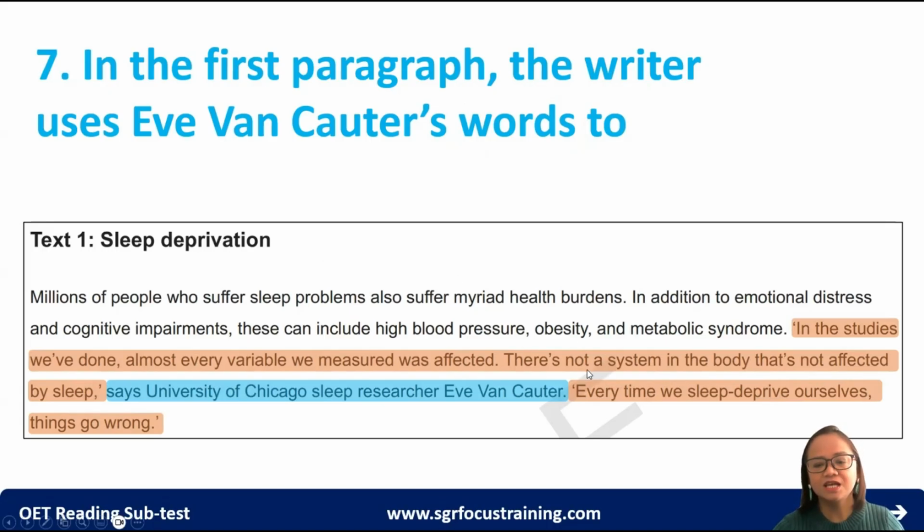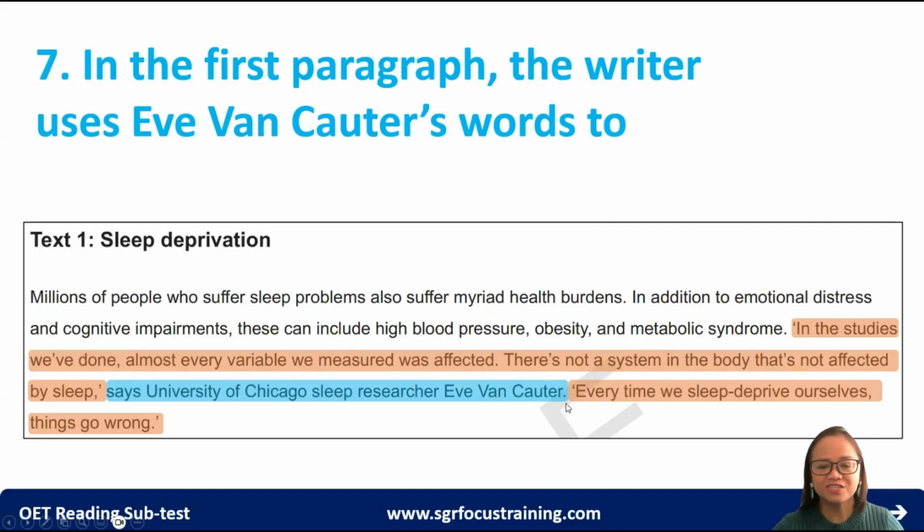And she said that there is a result that at the end they found out that there's not a system in the body, meaning every system in the body, is affected by sleep. So "there's not a system in the body that's not affected by sleep" means, because you've got the two nots that kind of take care of each other, you can remove them, and it basically means every system in the body is affected by sleep.